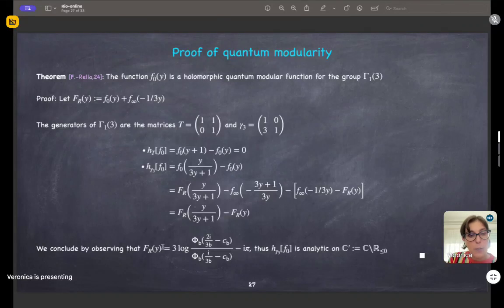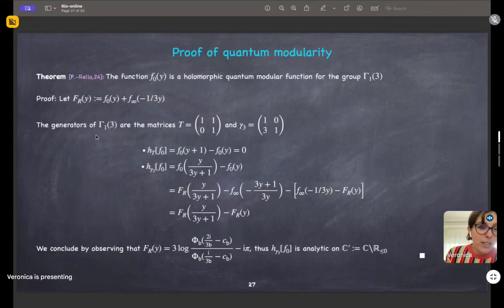Because as is written on the bottom, this function capital F_R is a ratio of Pochhammer symbols. I'm choosing this precise combination because I know that the final result is given by this ratio of Faddeev logarithms, and the Faddeev logarithms are holomorphic in the cut plane, C minus the negative real axis. So this is the nice analytic property I'm looking for.